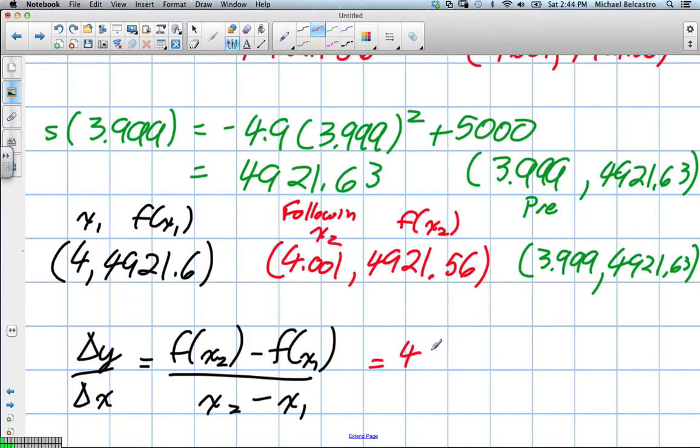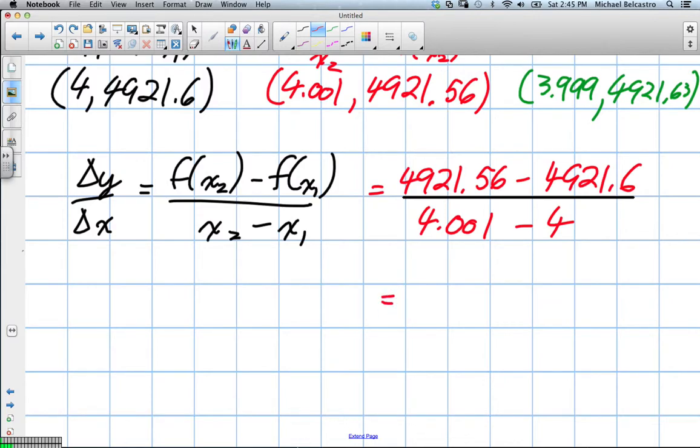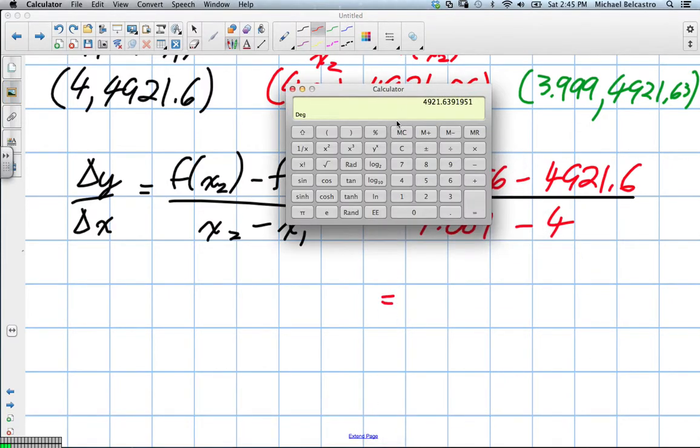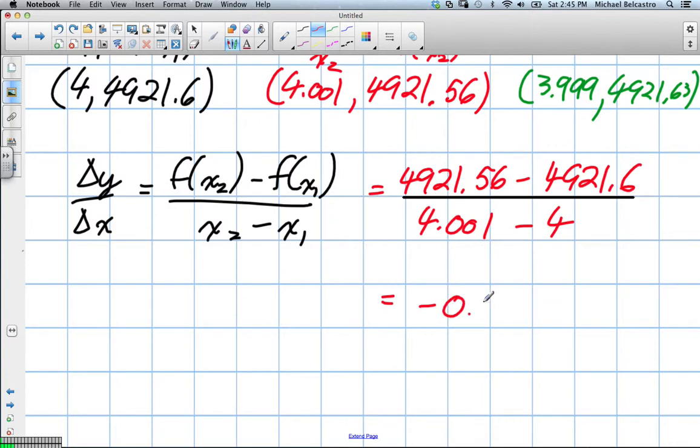So we take 4921.56. We're going to subtract 4921.6, all divided by 4.001 subtract 4. When we do that, we'll get our two values. 4921.56 minus 4921.6 is negative 0.04.